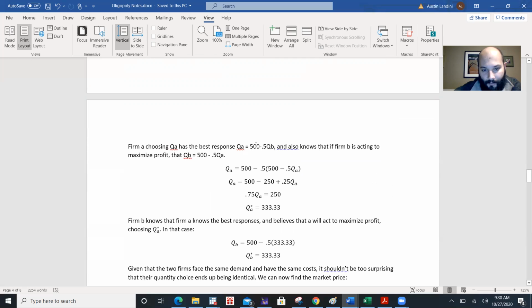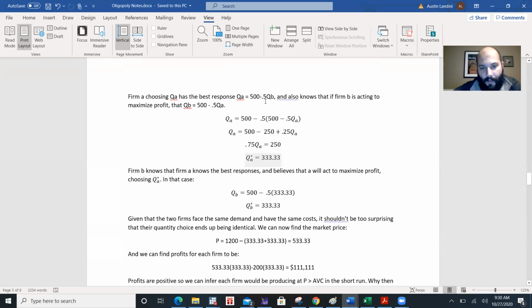So QA is 500 minus 1/2, and then we plug in QB here, 500 minus 1/2 of (500 minus half QA). Multiply this through, so we get 500 minus 250, and negative times negative gives us a plus 0.25 QA. Finally, we want to know what QA is, so we subtract this over here, we combine our constants. Well, we get something we're more familiar with. We get the optimum QA.